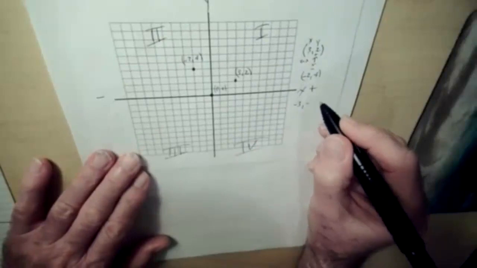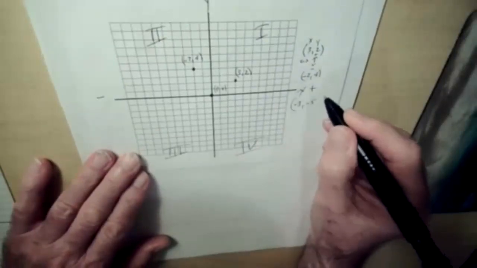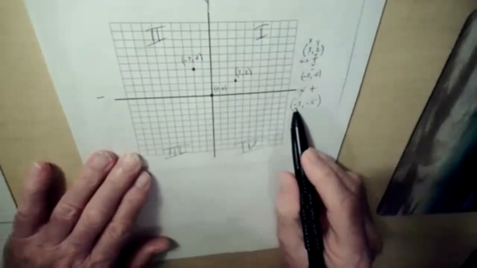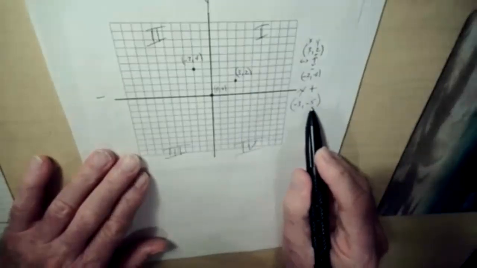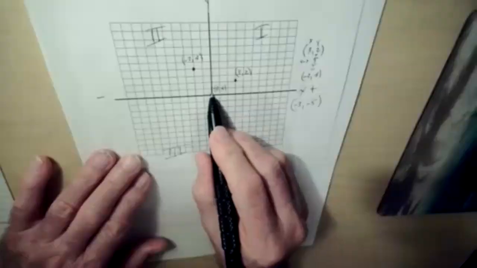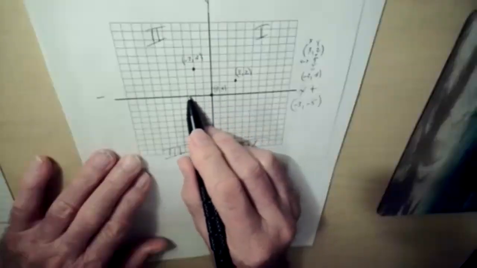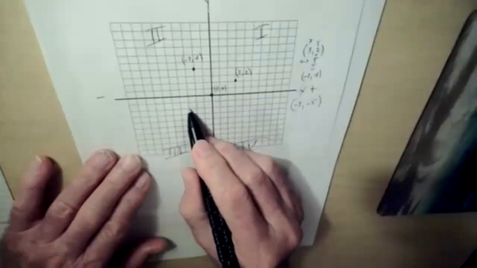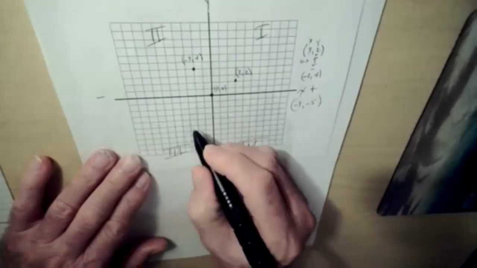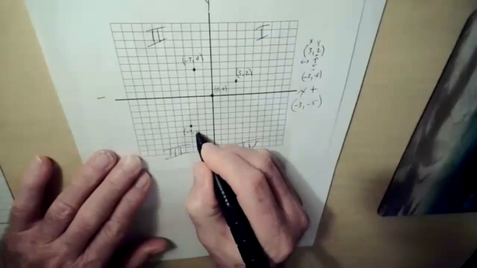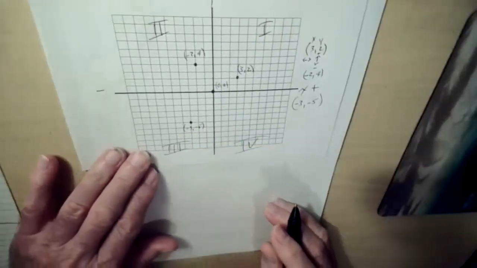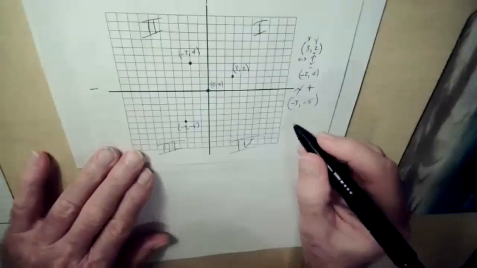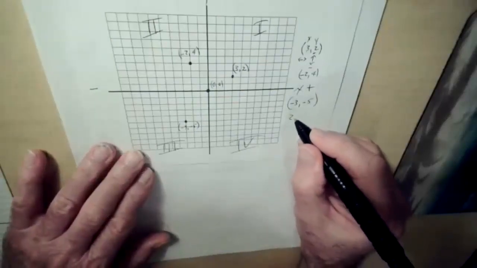And what about this? What if we have negative 3, negative 5? They're both negative, so we're going to go to the left here, down here. So we go to the left, 1, 2, 3, and down 5. 1, 2, 3, 4, 5. Okay.